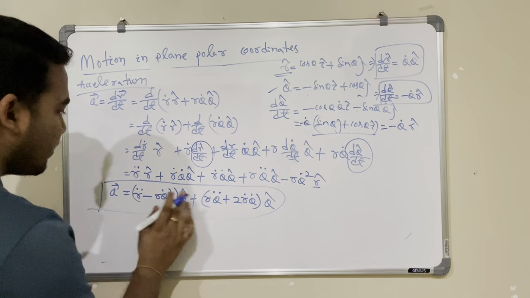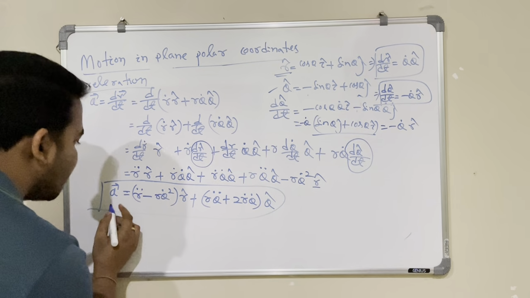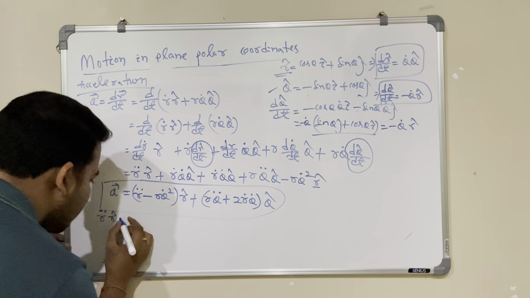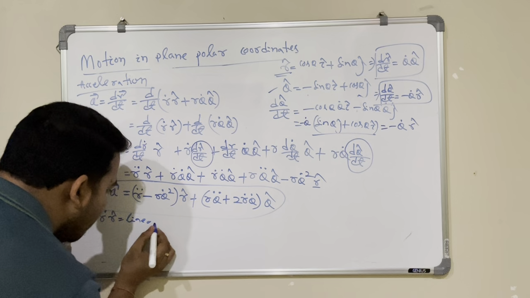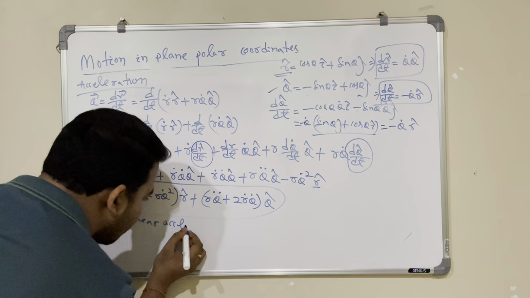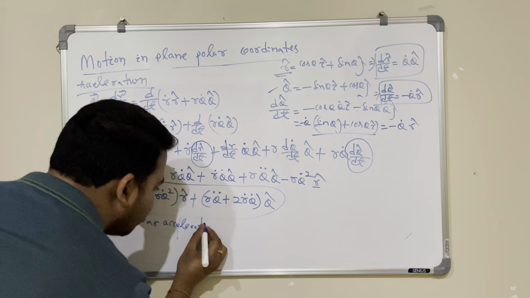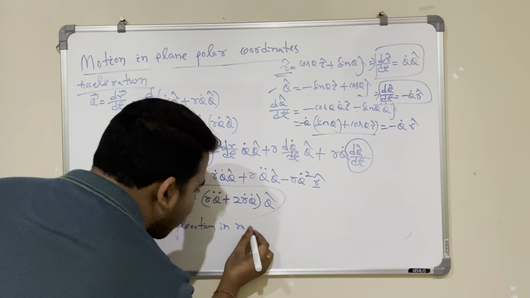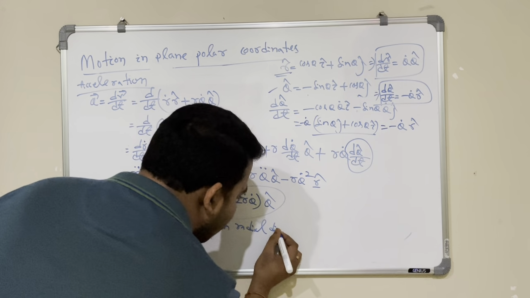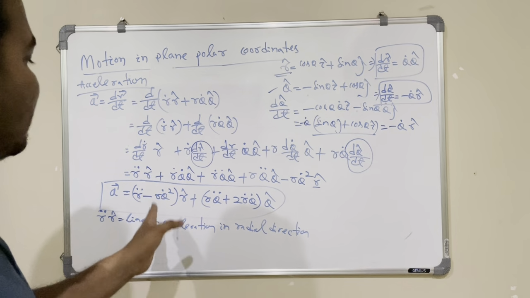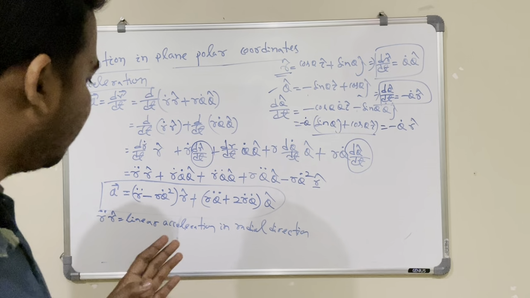Let's start from the first term. The first term, r double dot r cap, is the linear acceleration in radial direction, and this happens due to change in magnitude of radial velocity.